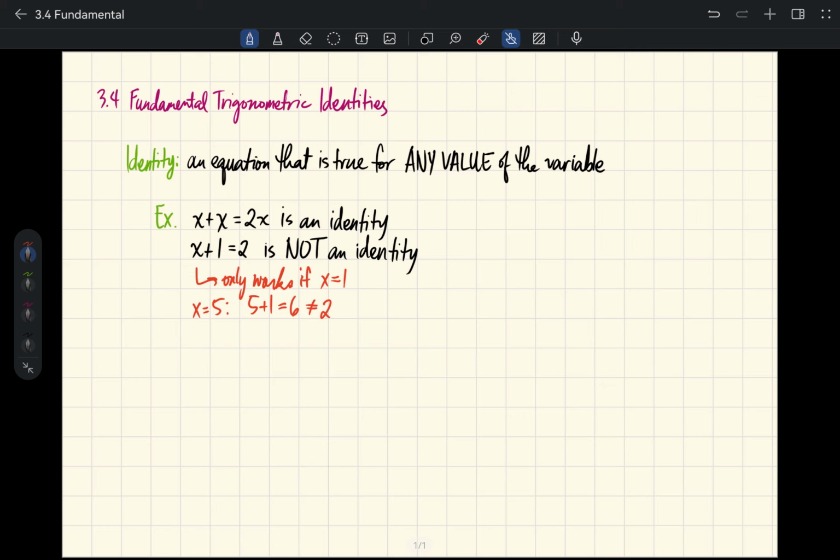So that means this one right here is not an identity. Once again, for an equation to be an identity, the equation should be true for any value of the variable as long as the expressions that we have are defined.